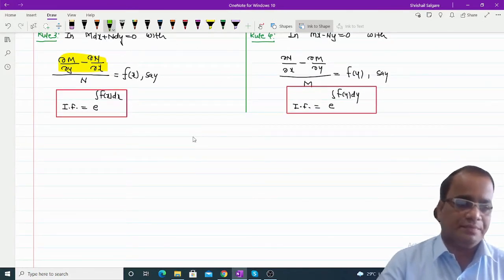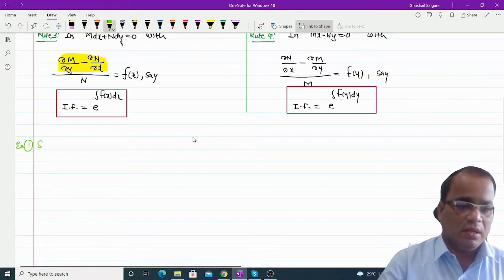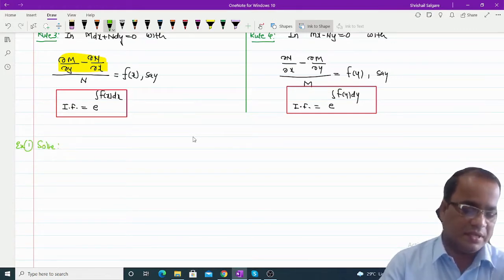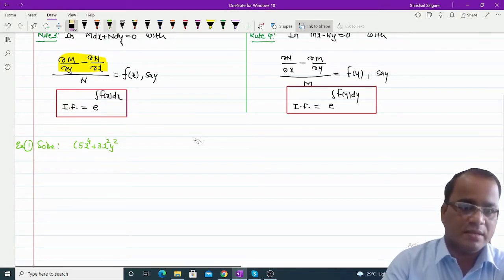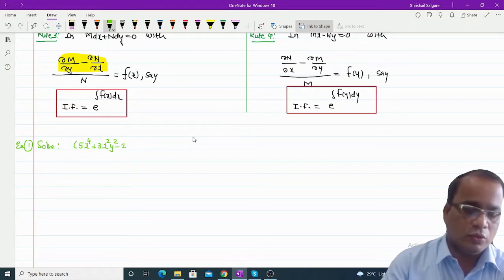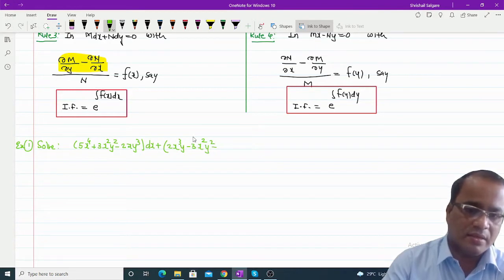Example number 1: solve the differential equation (5x^4 + 3x^2y^2 - 2xy^3) dx plus (2x^3y - 3x^2y^2 - 5y^4) dy equal to 0.